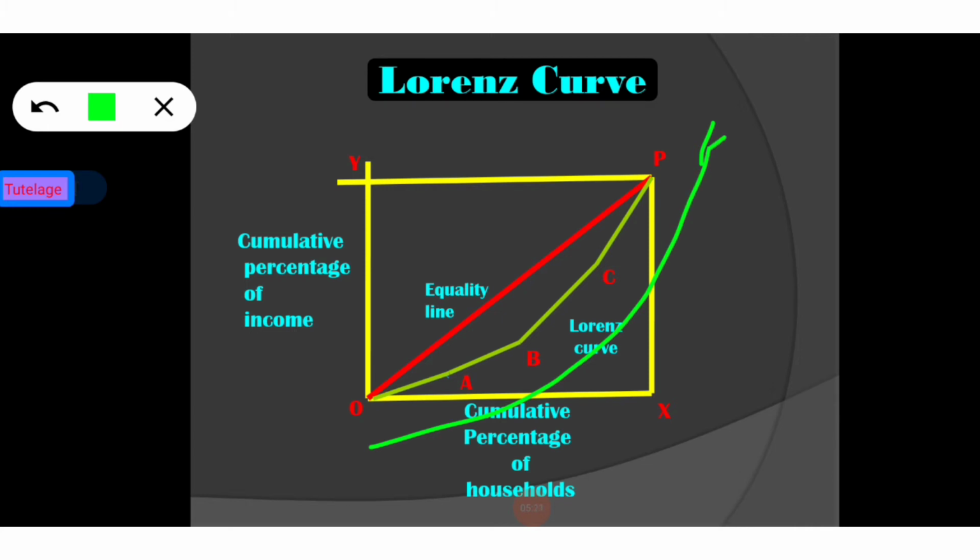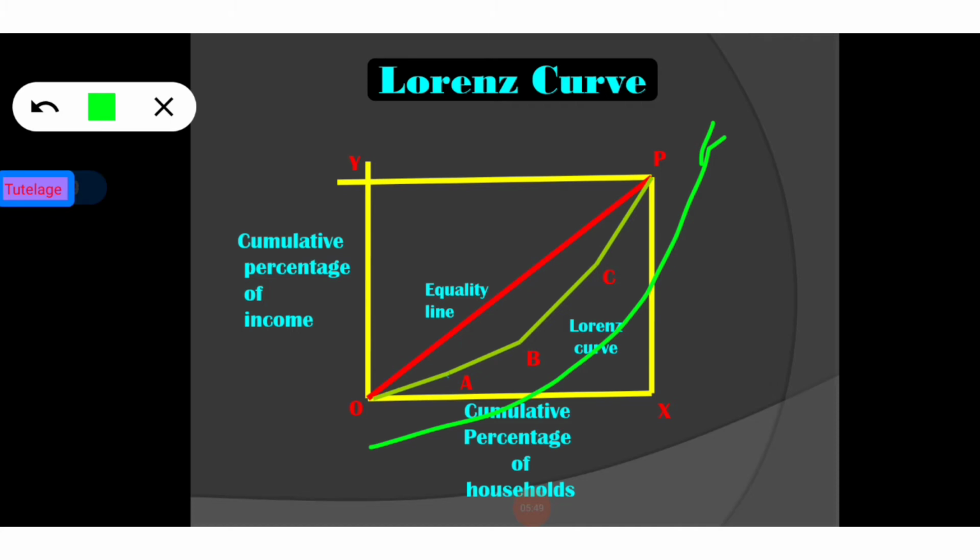Thus, a Lorenz curve shows the cumulative percentage of total income against the cumulative percentage of households. Different points on it show different cumulative percentages of income received by the corresponding percentage of population. We have already said point A indicates 25% of households would get 10% of the total income.